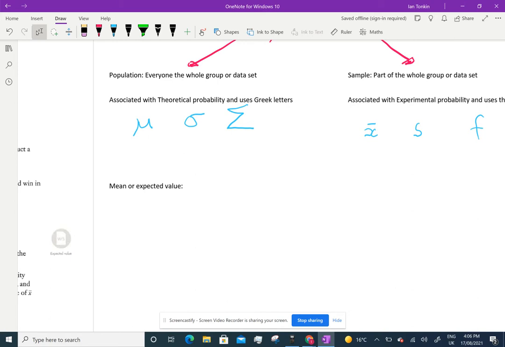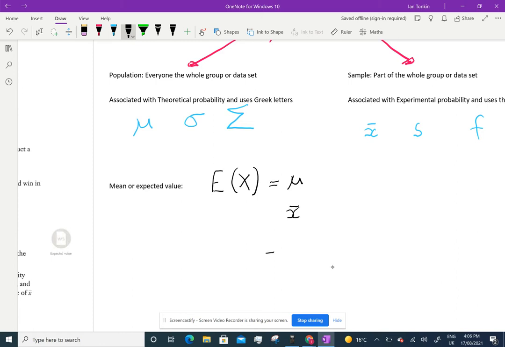Now, to calculate this, we say that's the expected value, capital X, the expected value of the whole probability distribution. And mu, that's it, mu. We can use that, and that means the mean, and it's for the population. If I was using it for a sample, I'd have X with a bar.